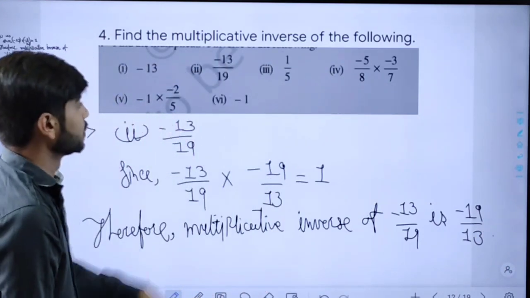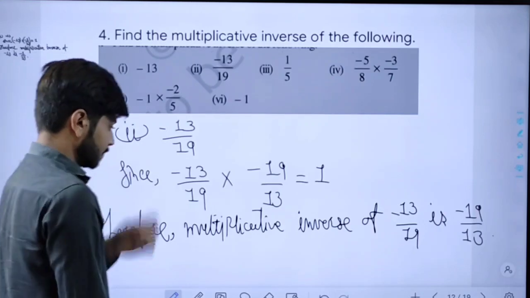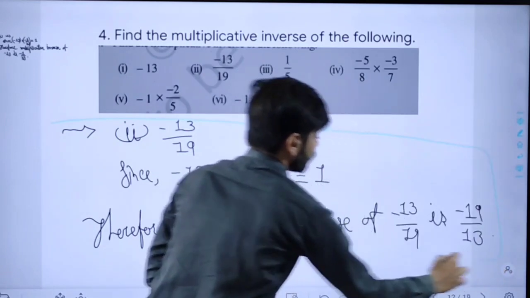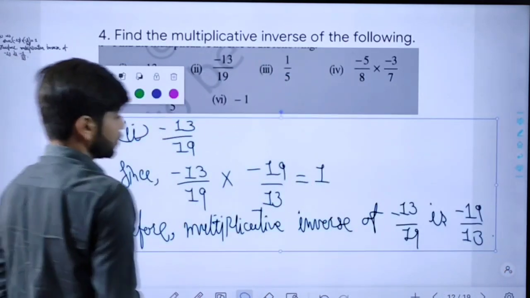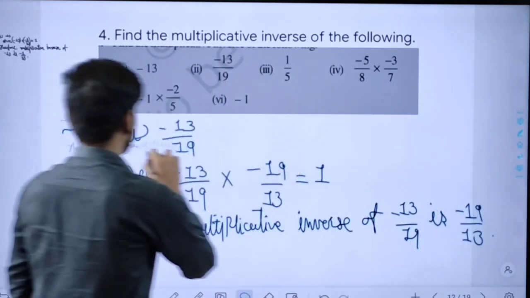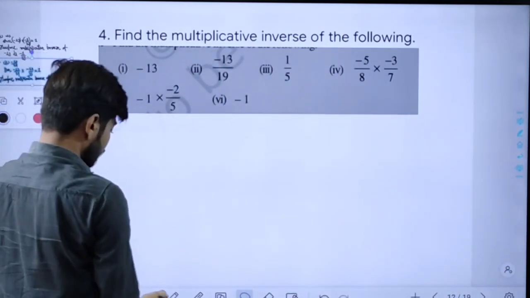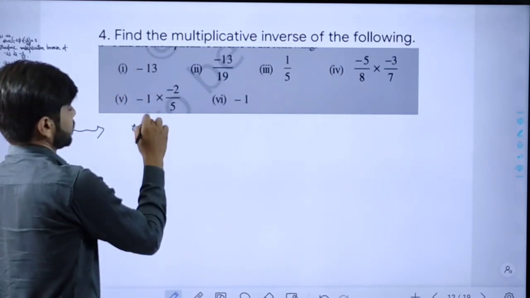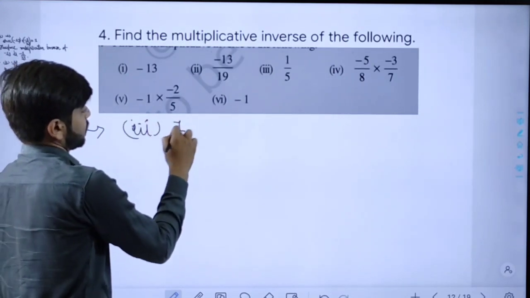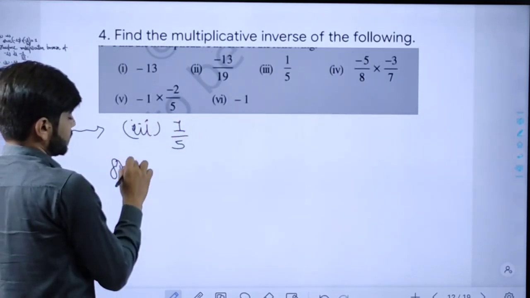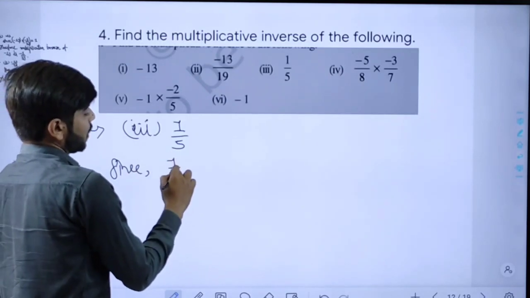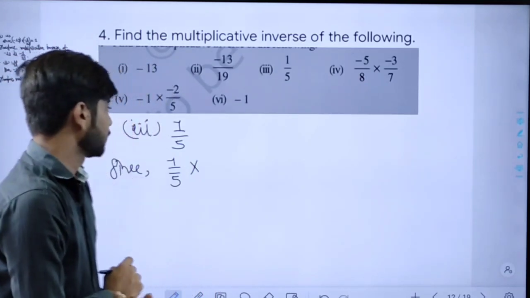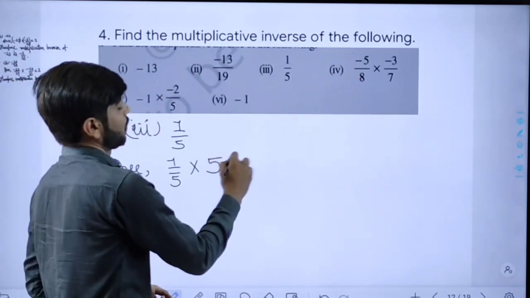Okay, similarly we will do the third and fourth. Third is very easy. It is 1 upon 5 and it is positive, so we will get the multiplicative inverse also positive. So 1 upon 5, since 1 upon 5 multiplied with whom will we multiply it? We will multiply it by 5.